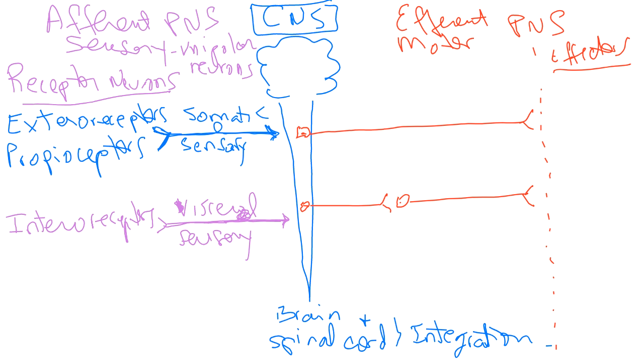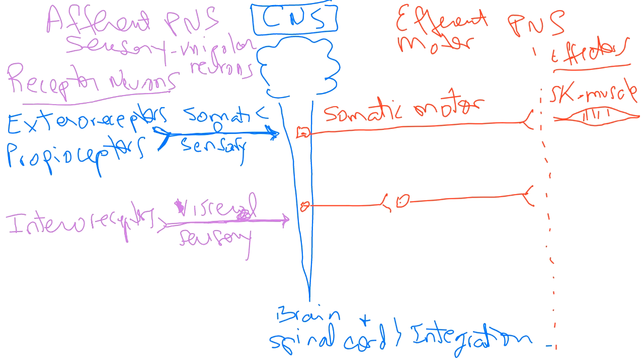So the effector organs can be skeletal muscle, and in this case, the nerves, the division will be the somatic motor. Okay.